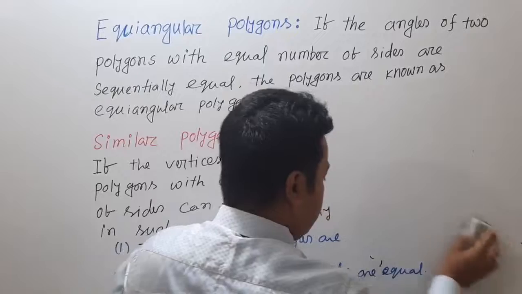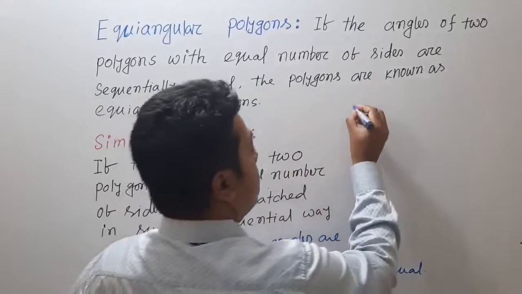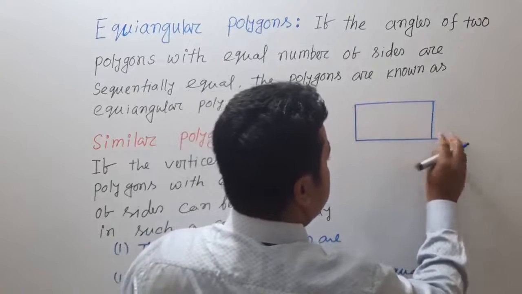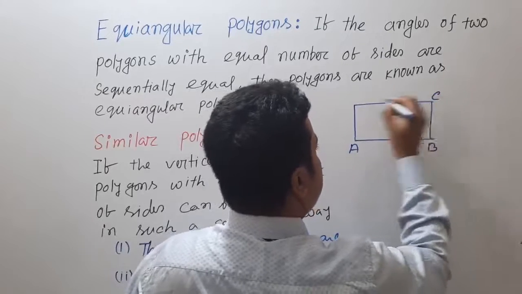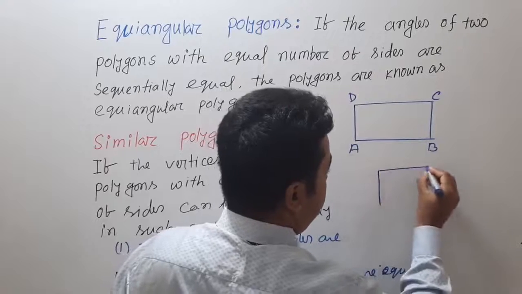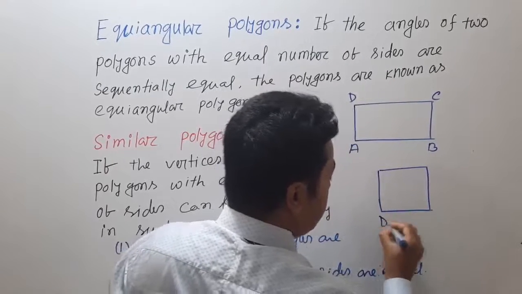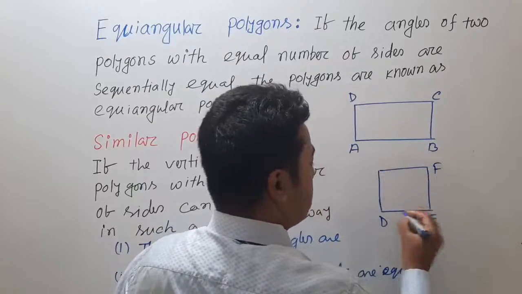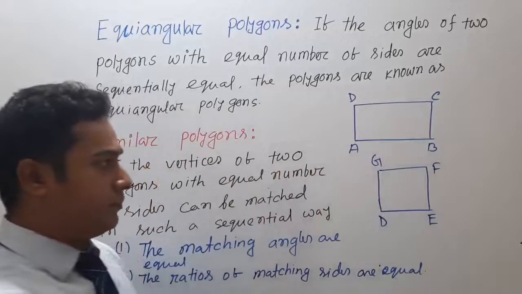Now take a rectangle and a square. ABCD is a rectangle, and DEFG is a square.